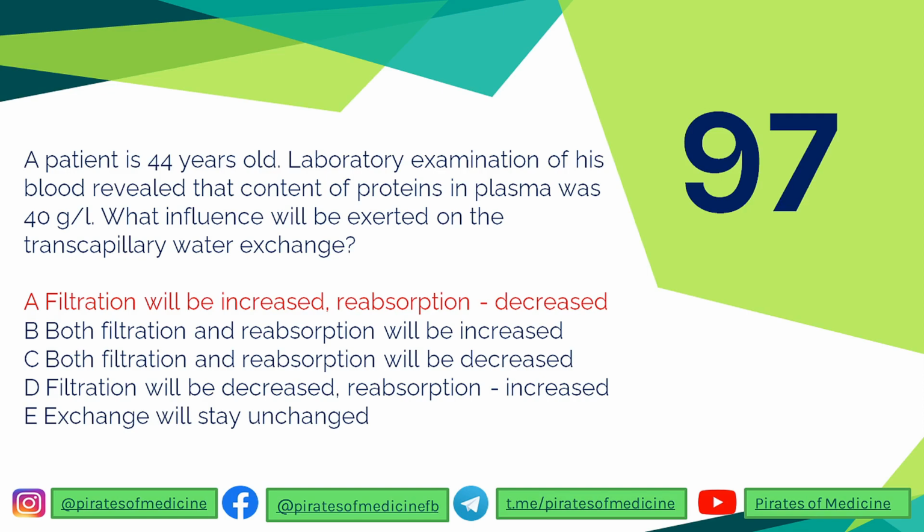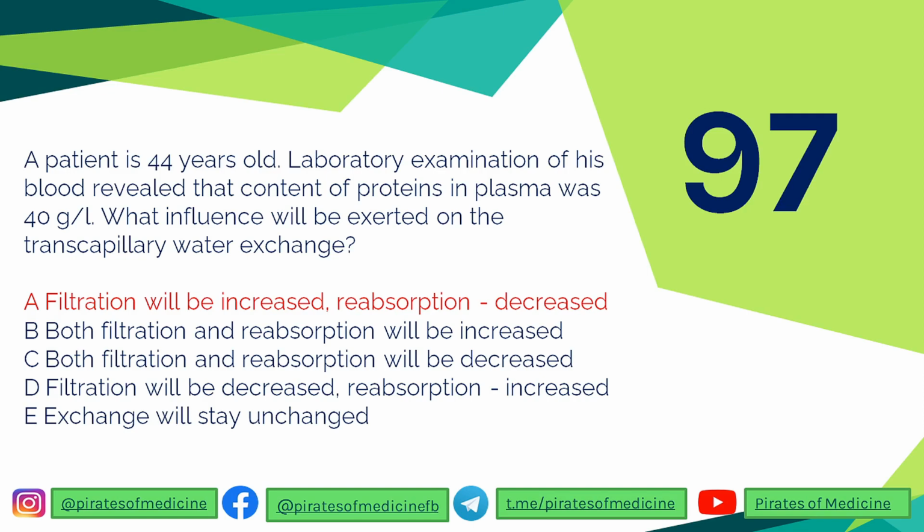Now, I told you albumin maintains the oncotic pressure of the blood. So oncotic pressure is the pressure that opposes filtration. The hydrostatic pressure does not oppose; it causes filtration. While the oncotic pressure, the pressure due to proteins, the pressure due to albumins, opposes filtration.